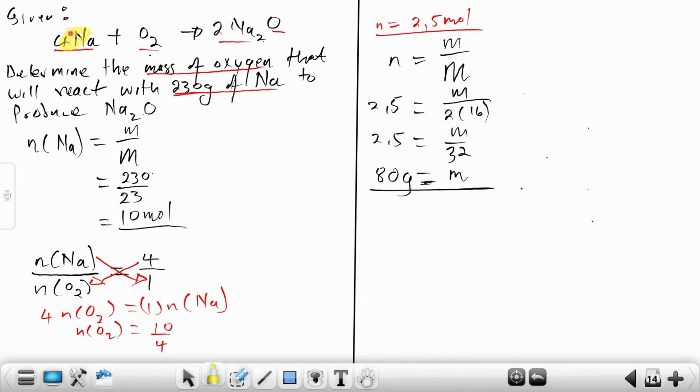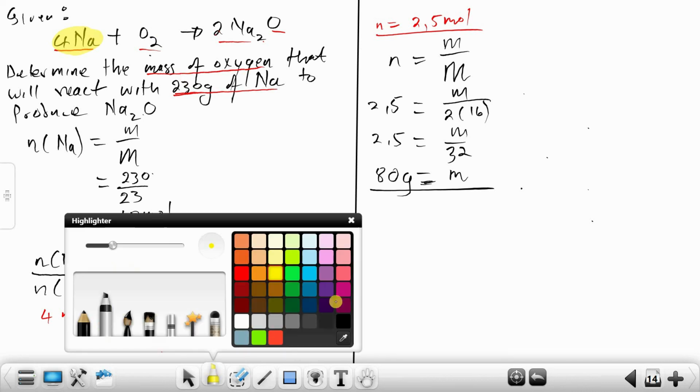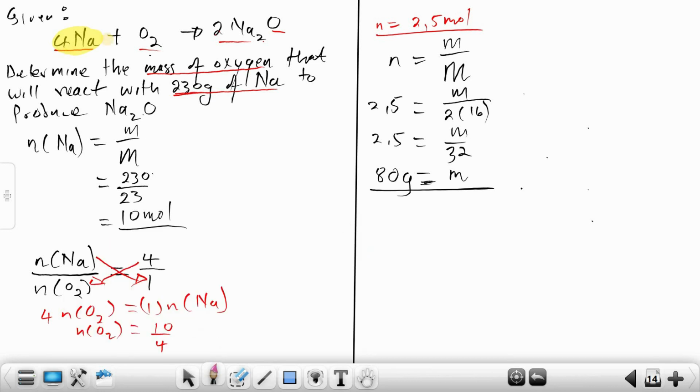We are working with this because the question says determine the mass of oxygen that will react. So our focus now is on the left hand side. The information that will be given will be for this side.